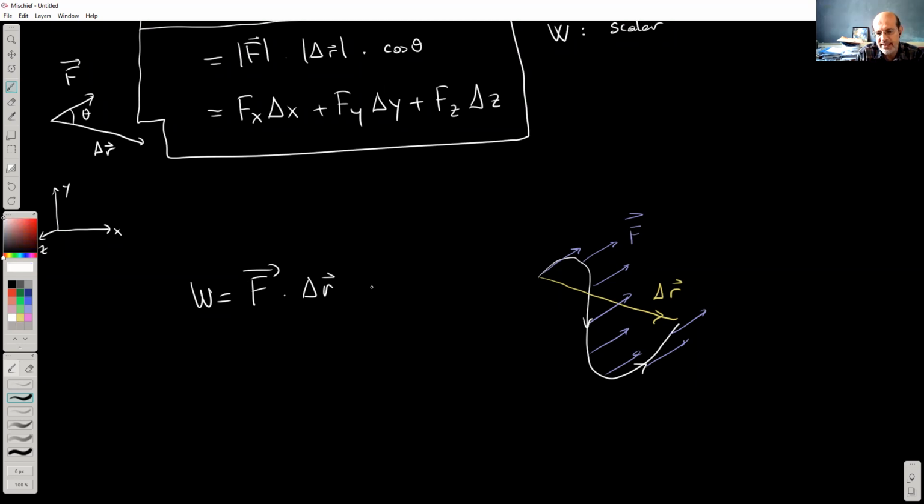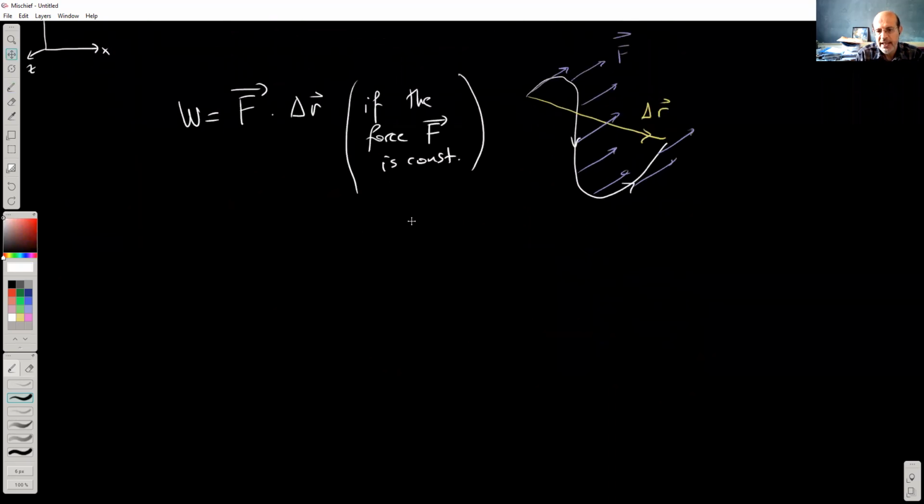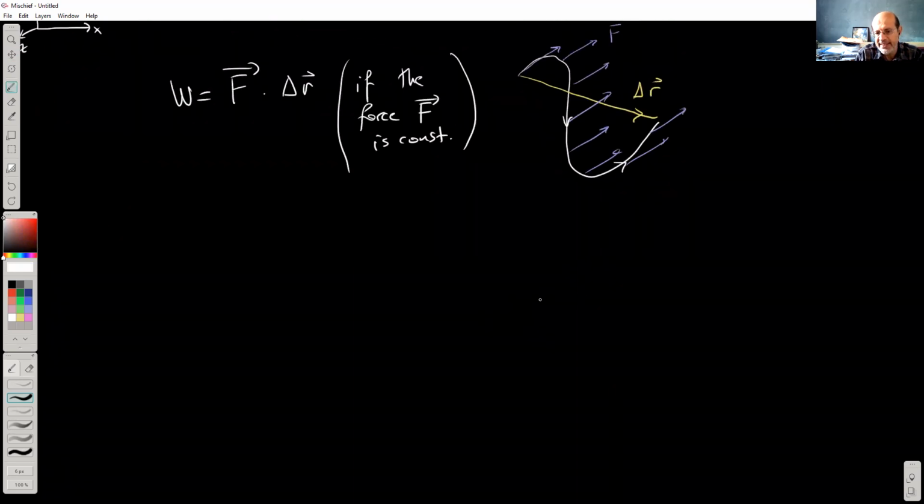So this is if the force F is constant. Under constant force, that's the expression. If the force is not constant, that's the situation I'm going to describe here. We have a displacement like that, but the force is like this, let's say, I don't know.